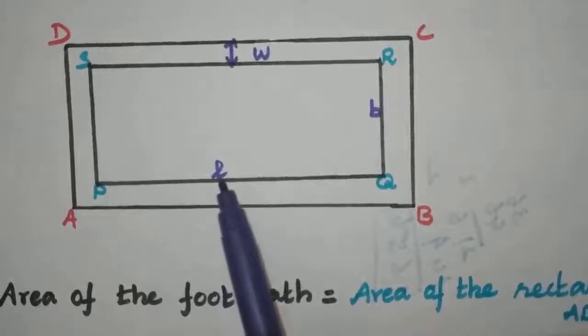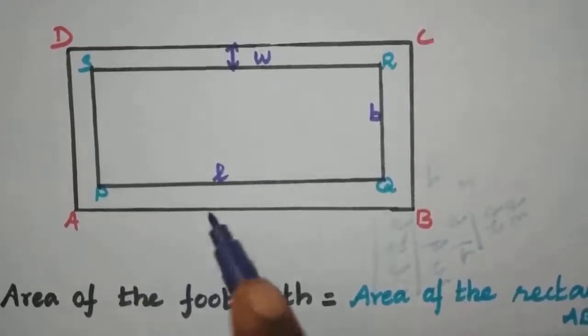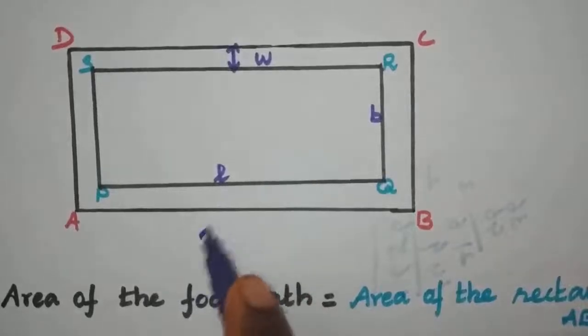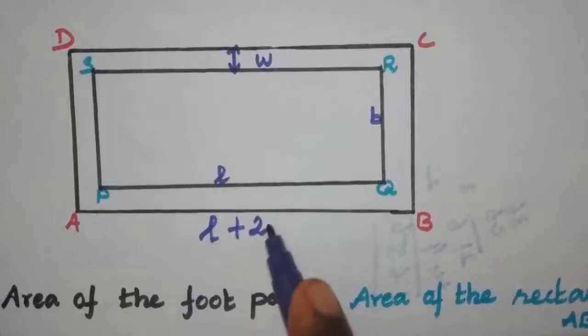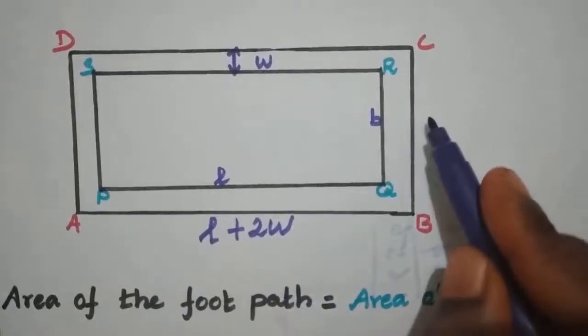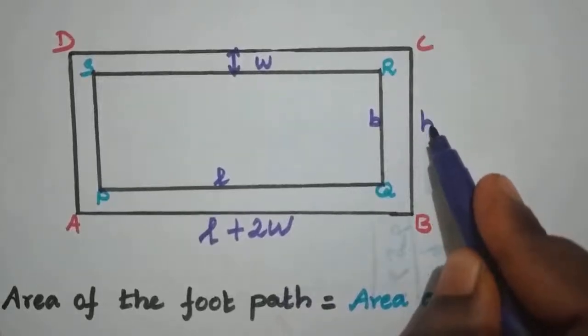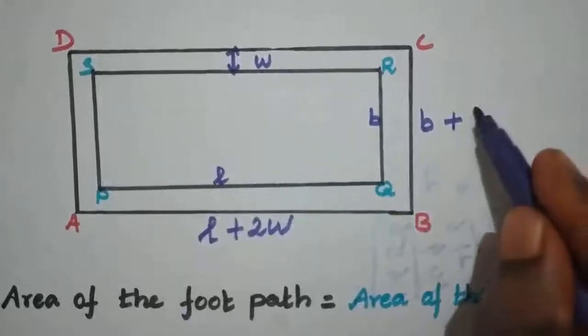If the inner rectangle length is given, the outer rectangle length is calculated by the length of the inner rectangle plus 2 times the width. Similarly, the breadth of the outer rectangle is calculated by the breadth of the inner rectangle plus 2 times the width.